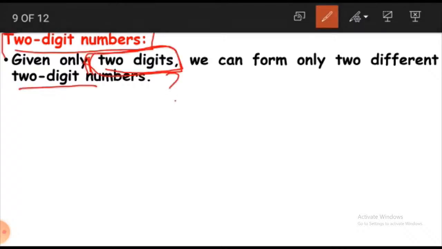Let those digits be 4 and 9. We can form only 2 different 2-digit numbers from these 2 digits.